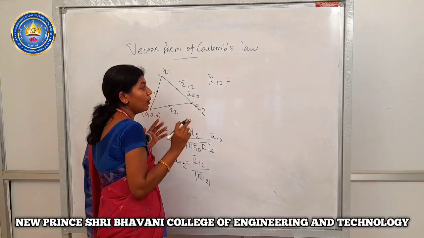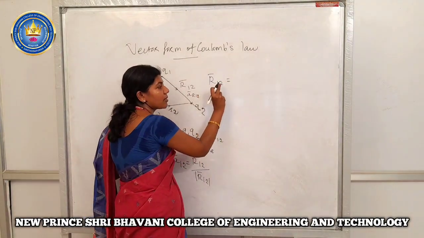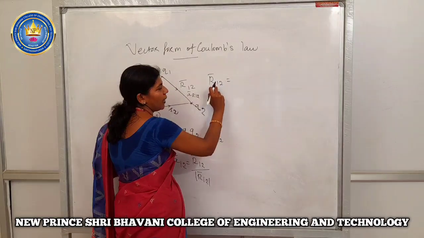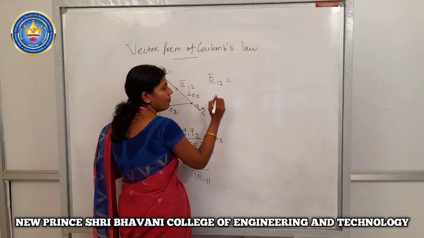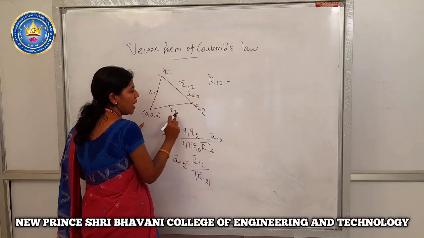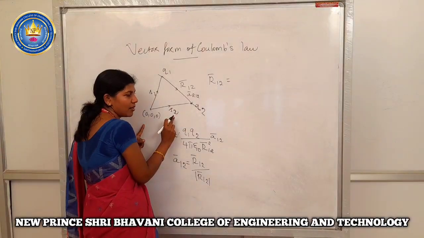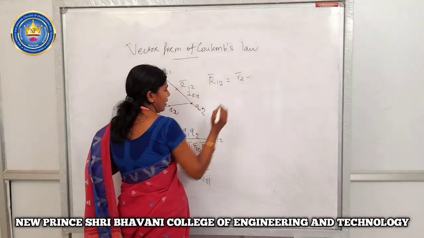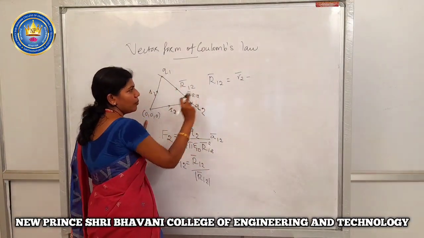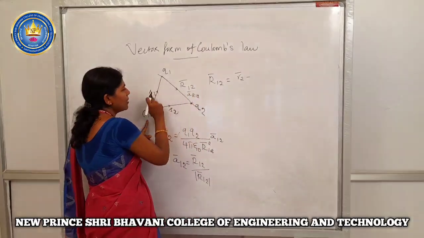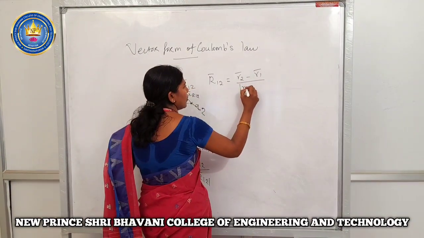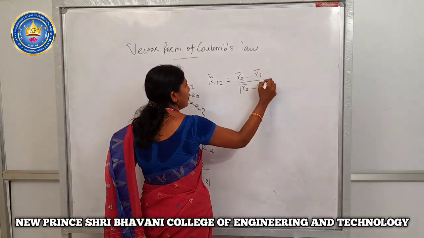How do we write the equation for r bar 12? As I said before, here the force exerts on Q2 due to Q1. So the position vector for the Q2 charge is r2 bar, minus the position vector for the Q1 charge, r1 bar, divided by modulus of r2 bar minus r1 bar.